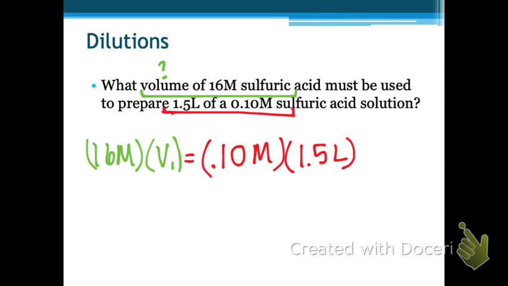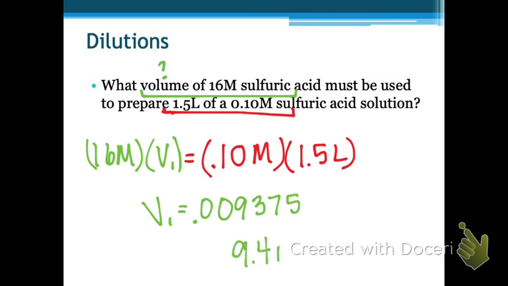So 0.1 times 1.5 divided by 16 gives me a volume of 0.009375. So that comes out to only about 9.4 milliliters, right? So a really small portion of my final volume is actually my acid, right?